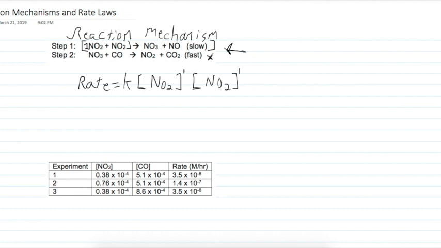Now, since we have two NO2s, mathematically, that's the same as having the same base, so you can just add the exponents since you're multiplying them together. So that is the same as saying rate is equal to K times NO2 squared. And that is our predicted rate law.